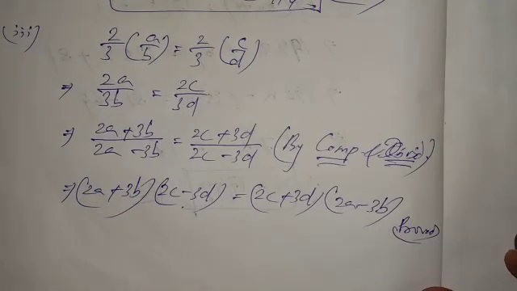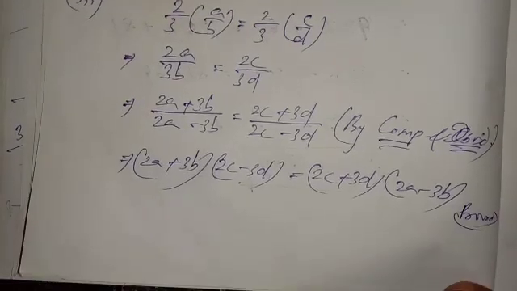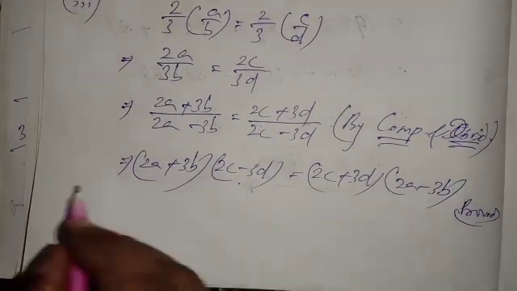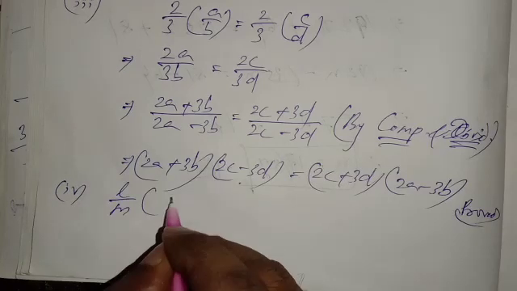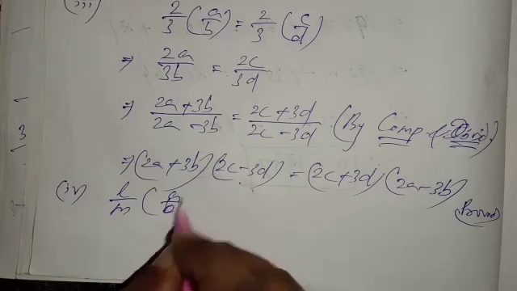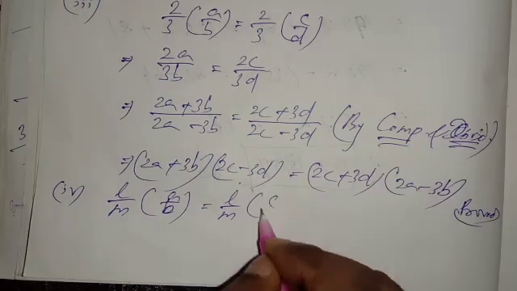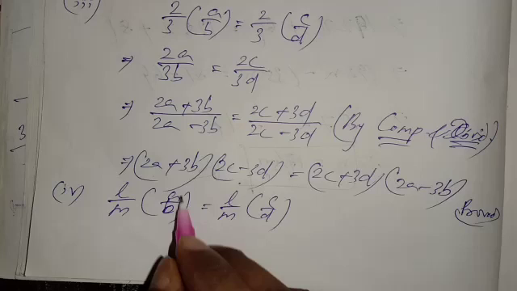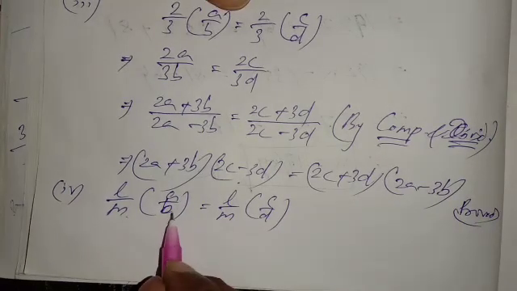Next is fourth part. To prove fourth part, you have to multiply l by m with numerator and denominator. Means you have to multiply l by m with a by b and l by m with c by d. Your given part is a by b equal to c by d, multiplying l by m both sides.